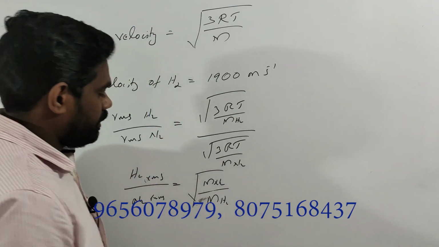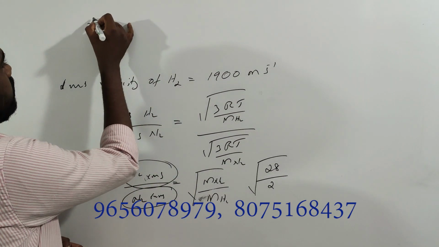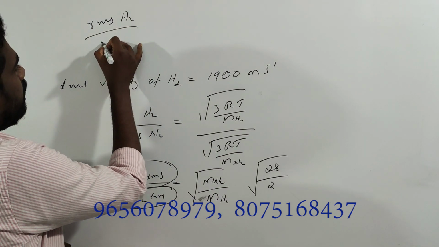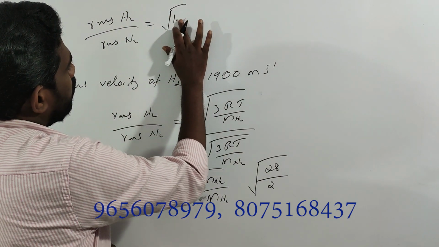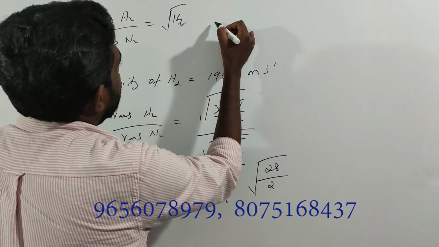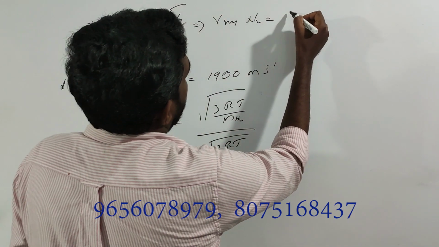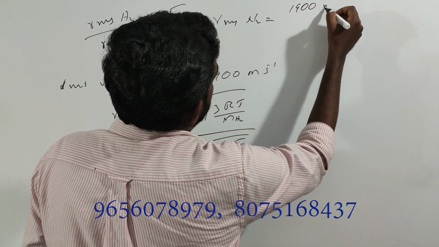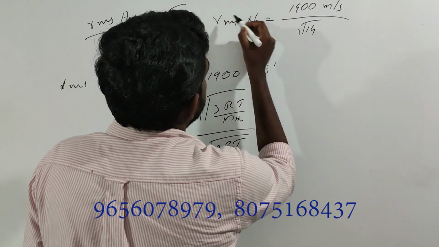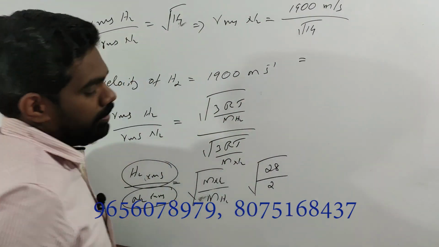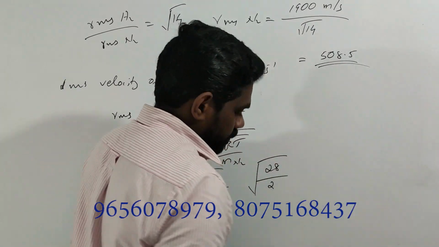So this will be the equation we will get. So RMS H2 divided by RMS N2 equal to root 14. So RMS N2 equal to 1900 meter per second divided by root 14. This is the value of RMS N2. If you calculate, the answer is 508.5. So this is the answer we will get.